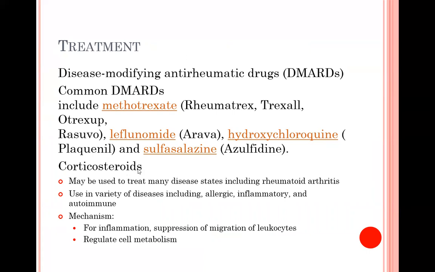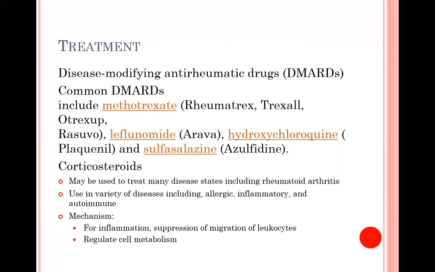immunosuppressants or anti-inflammatory medications. They may be used to treat many disease states, including rheumatoid arthritis, in a variety of diseases, including allergic, inflammatory, and various autoimmune diseases. Mechanisms for inflammation include suppression of migration of leukocytes and regulation of cell metabolism. So these DMARDs can be used for various autoimmune diseases.